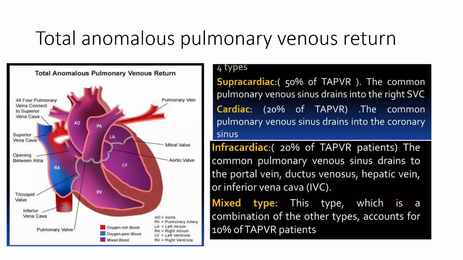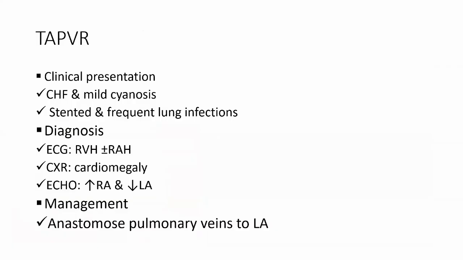And then you get your infracardiac, where it drains into your portal veins, or your ductus venosus, or hepatic vein, or even your IVC. And you get the mixed type, which is a combination of other types. It usually accounts for about 10%.